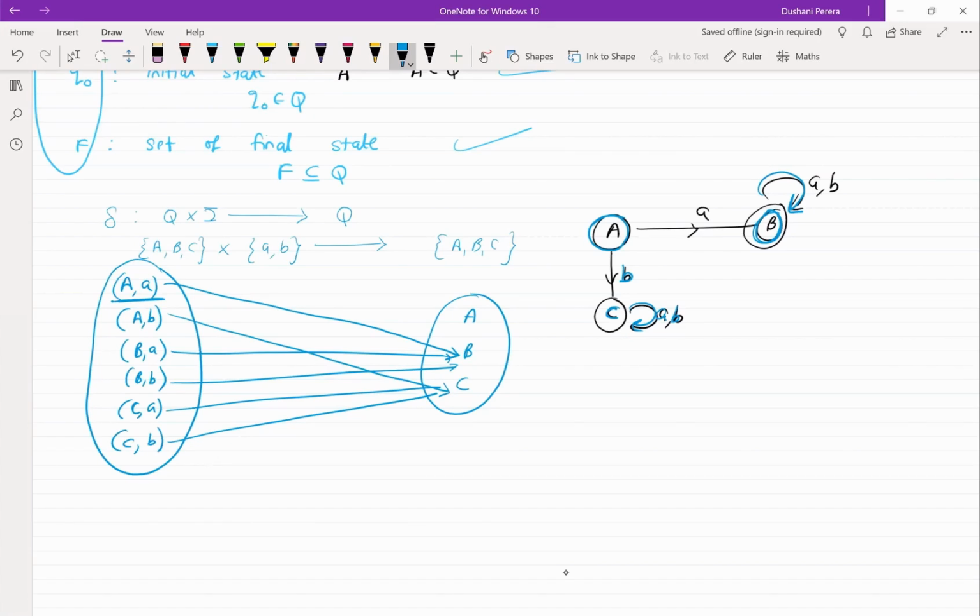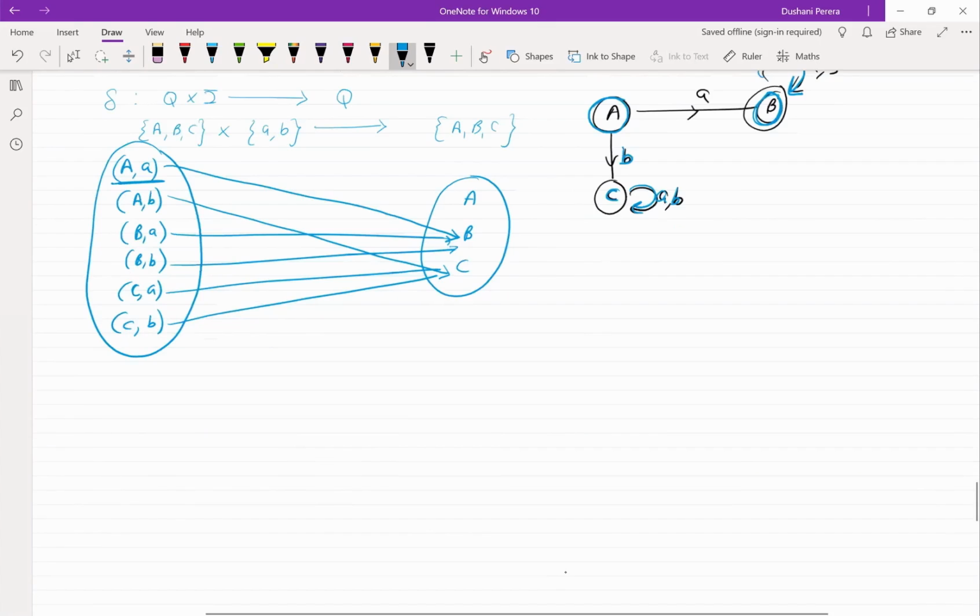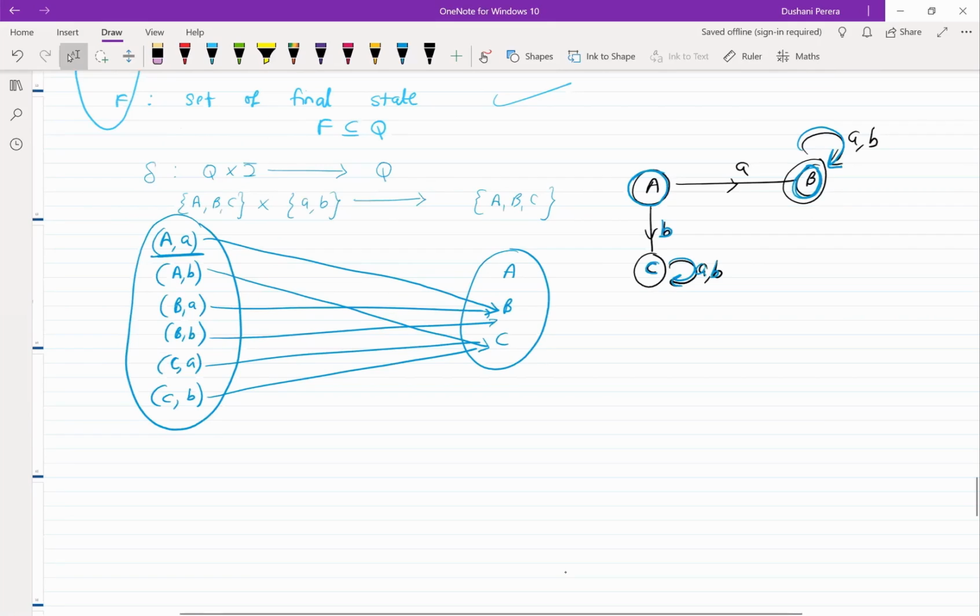Okay, now there's something important which we need to see here. Do you see that for every state, taking state A, we have outgoing edges on input symbol A and input symbol B. Then taking capital B, the edges have both symbols. Taking C also, both symbols are there.